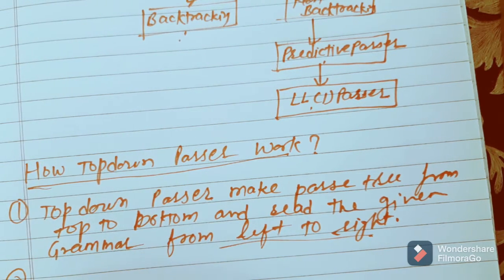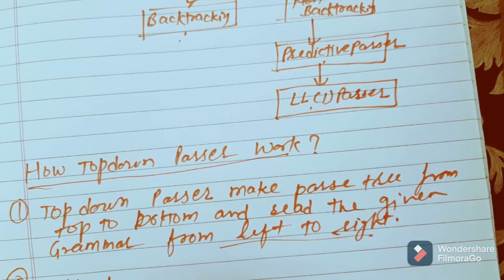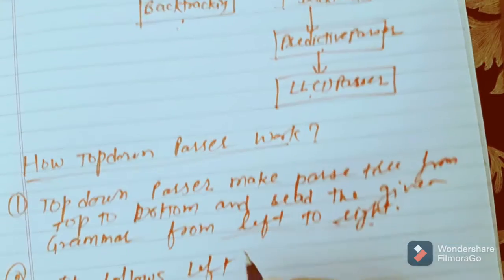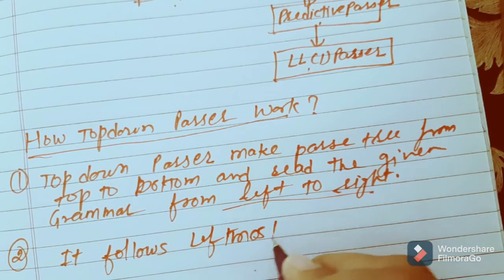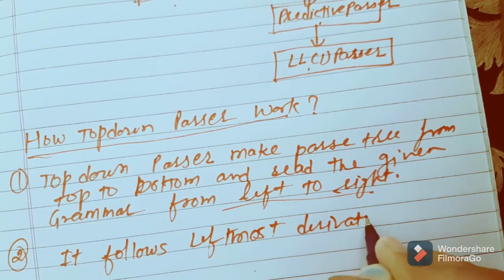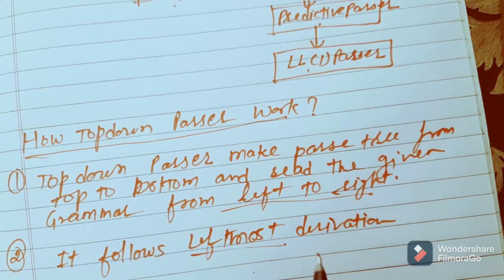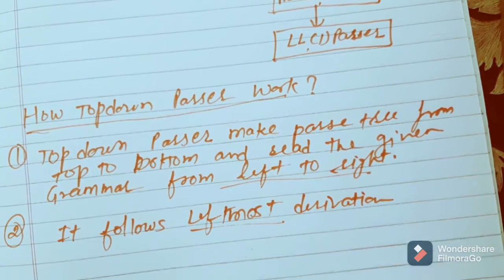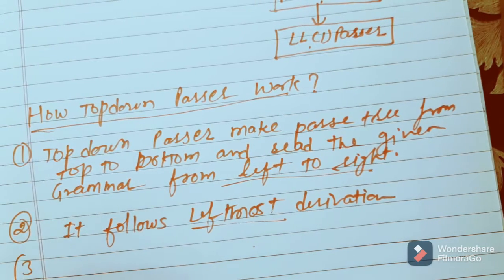Second thing is it follows leftmost derivation. We know very well there are two types of derivation. One is leftmost and second one is rightmost. But the top-down parser follows leftmost derivation.